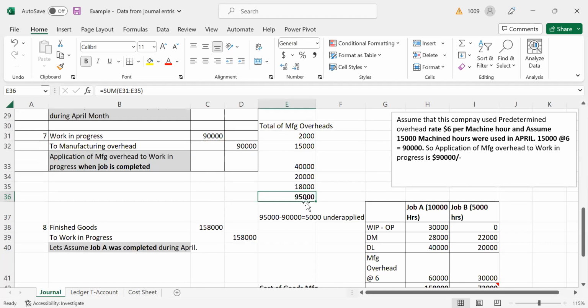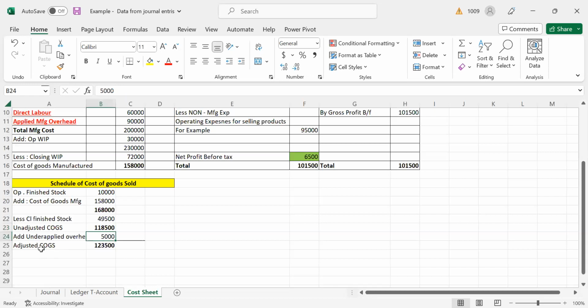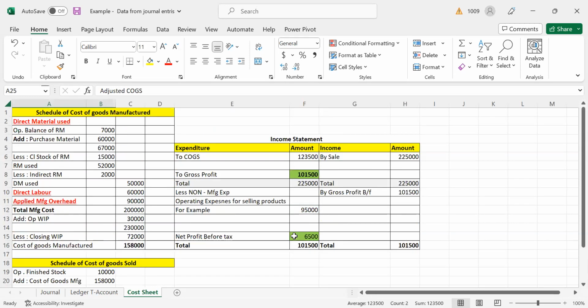So actual expenditure was more. So we applied under, right? Under applied. So the under applied 5,000 is an expenditure of the company and will be added here, and we have the adjusted cost of goods sold. Now next point is we have sold some of the goods, right?